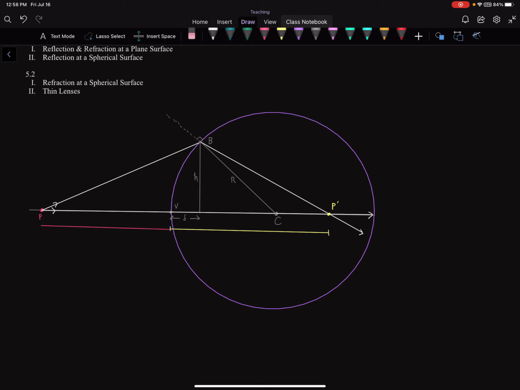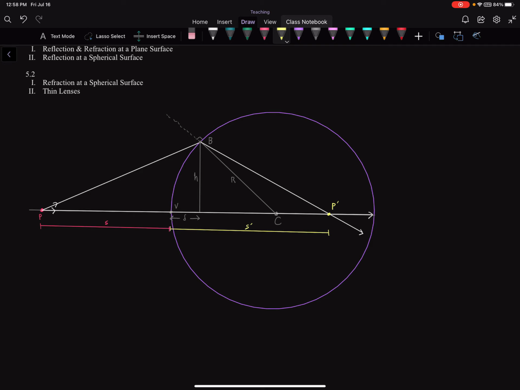But we kind of are finding where it is and verifying the position because we know these distances here, right? This is s for our object distance, and this is s prime for our image distance. And so we know that it'll lie on the optical axis, and since we know that length there, we know exactly where P prime is.